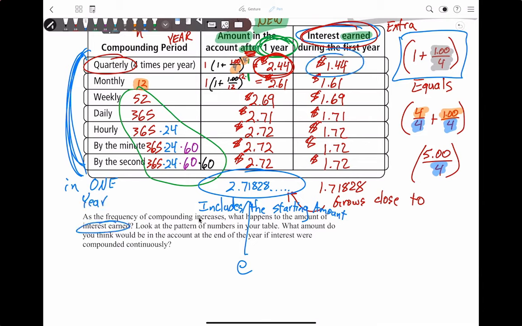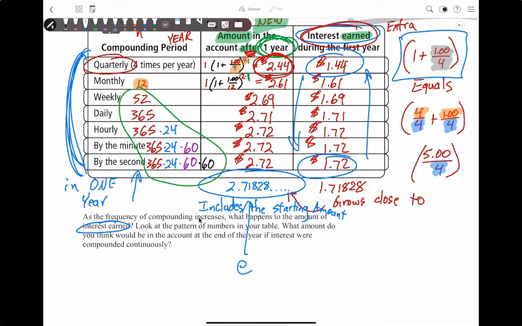And getting hit one time we saw was only $1. But if I got hit by the second, it'd be $1.72. So obviously, we don't want banks to charge us every second. We want them to charge us less. But if we're earning money on an investment, we want it to apply as much as it can so that we can make the most money that we can.